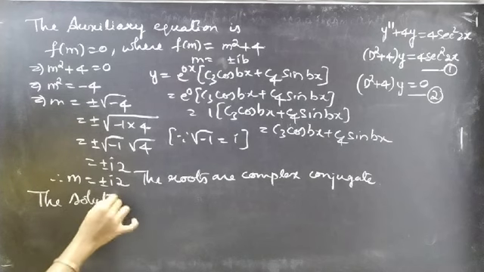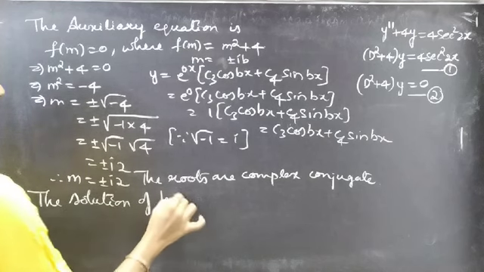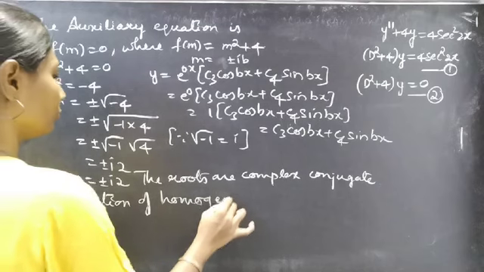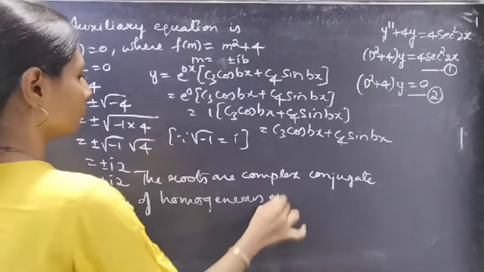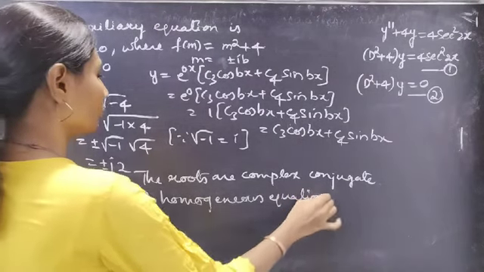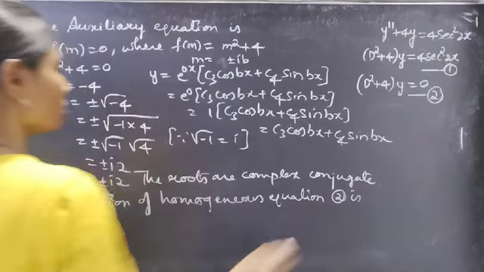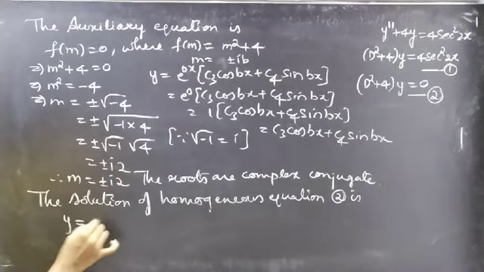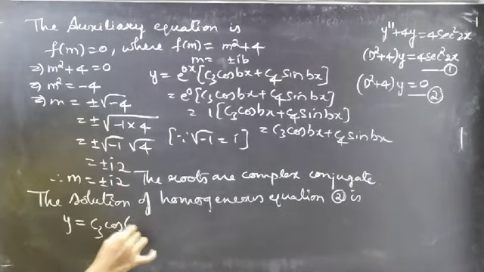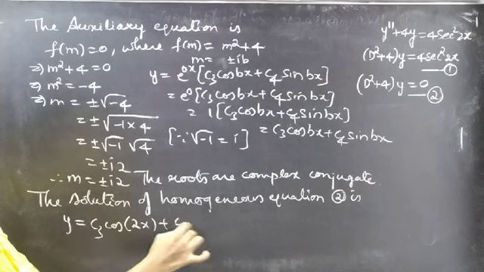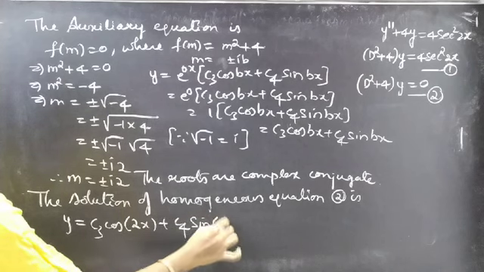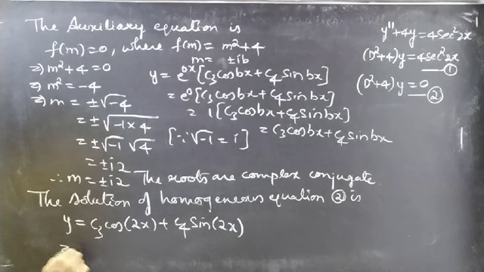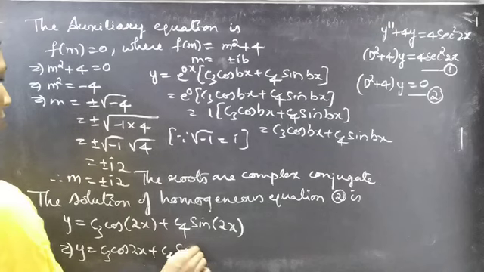The solution of the homogeneous equation, or equation 2, is y equal to c3 cos 2x plus c4 sin 2x, right?